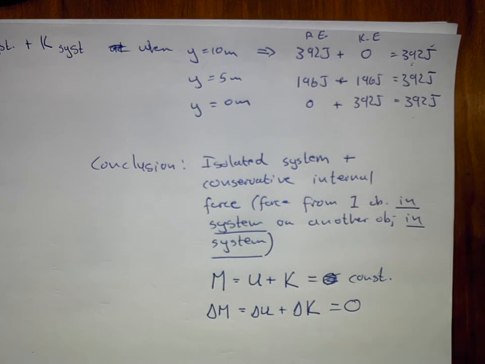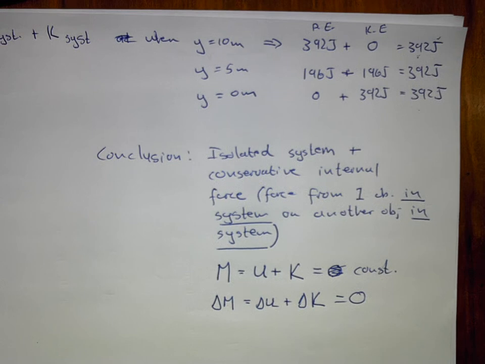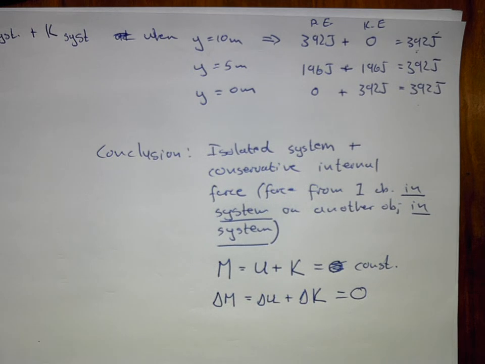Okay, so it seems like we have got a conclusion here. If we've got an isolated system, there's only internal conservative forces acting on that or affecting the motion. The total energy, which is now all the kinetic energies plus all the potential energies of that system, will be a constant. Right?